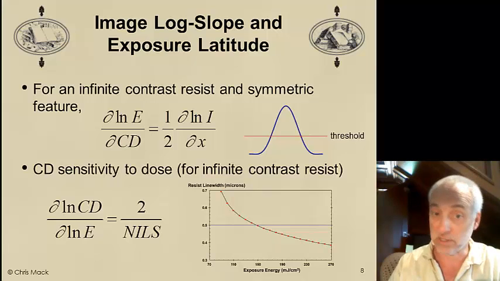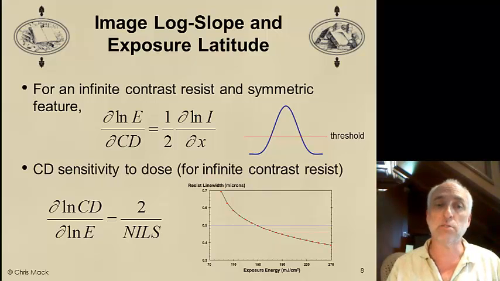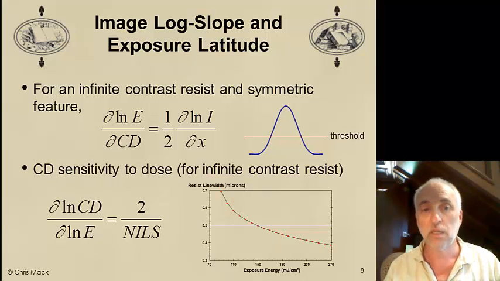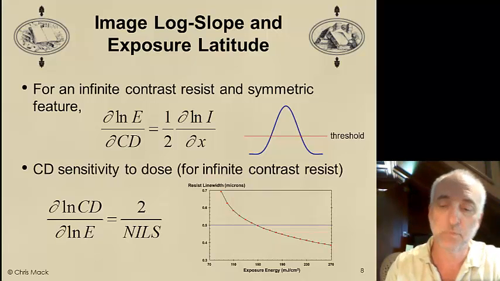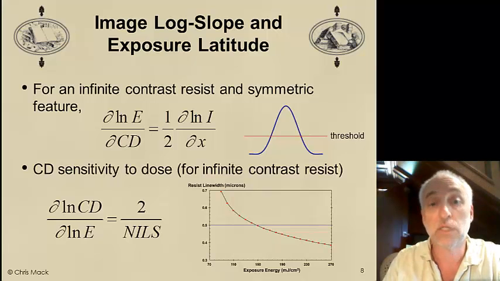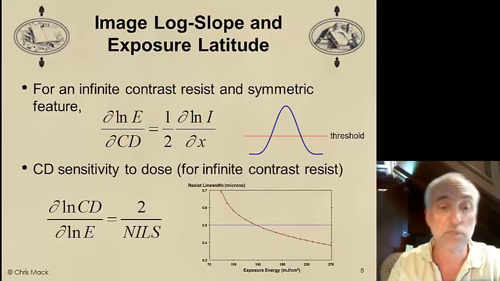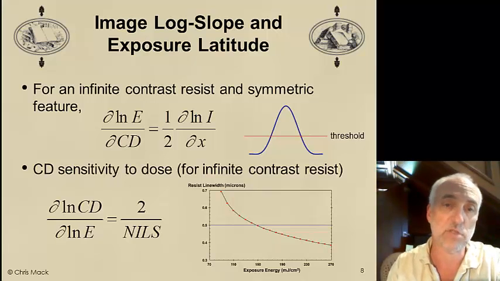If the NILS gets smaller, then I get a larger CD error for that same dose error. And if I make the NILS bigger, then my CD error goes down. That's why the quality of the NILS is so important in determining the quality of the final result and the control we can get over the final result.